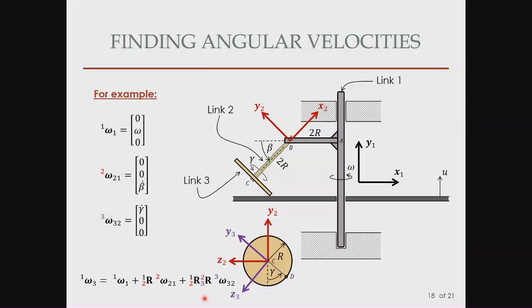Rotation matrix from 2 to 3. So from 3 to 2, let me check. From 3 to 2, we have rotation about x positive. So the transpose of that will be just like the negative x rotation about gamma.